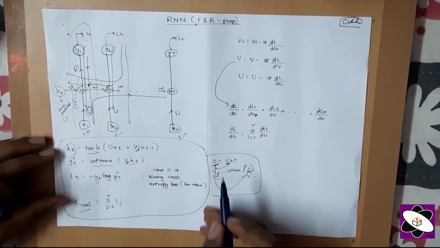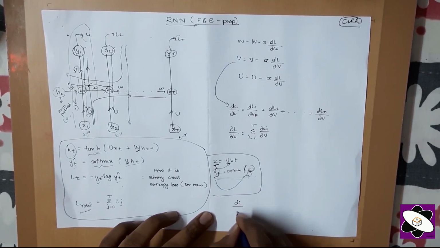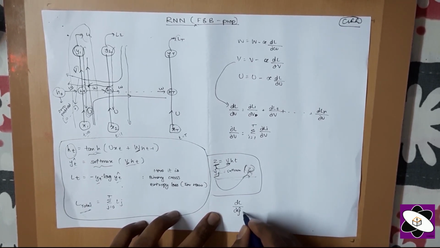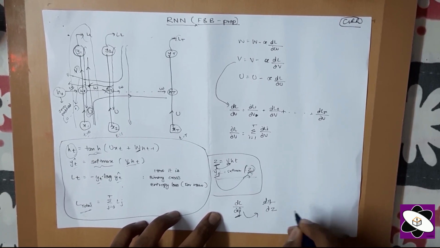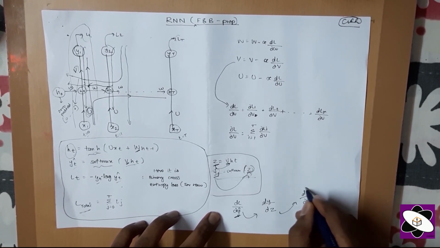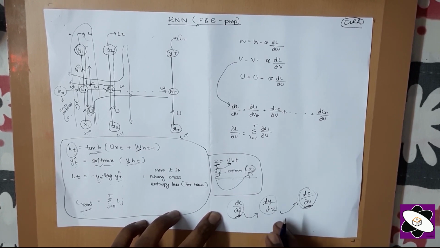Then if we find dL by dy hat, this loss should be propagated to dy also, right? But dy in turn is dependent on dz, and dz in turn is dependent on dV. So if you want to calculate dz by dV, we need to calculate these two.